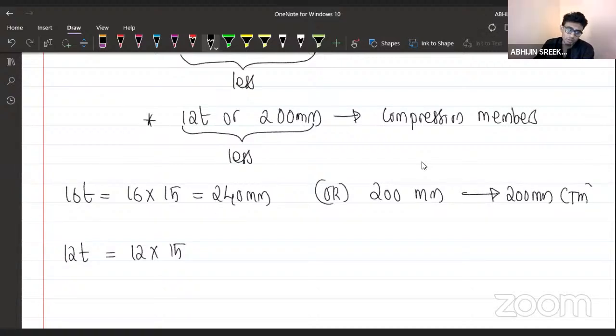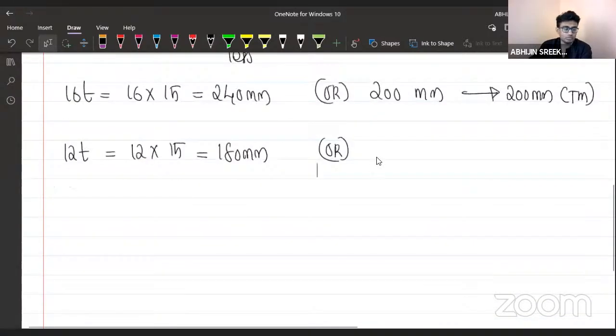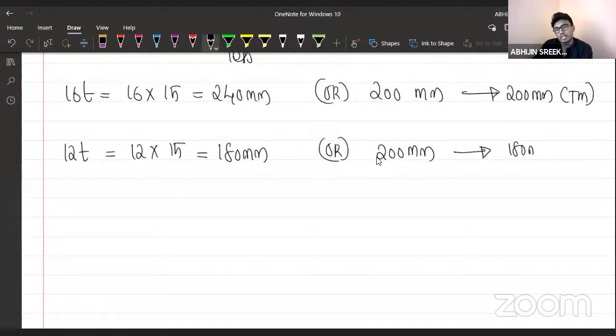What is 12 into 15? No, 12 into 15 is not 225, it is 180. Yes, it's 180 mm or 200 mm, minimum is 180 mm, and this is for compression members.